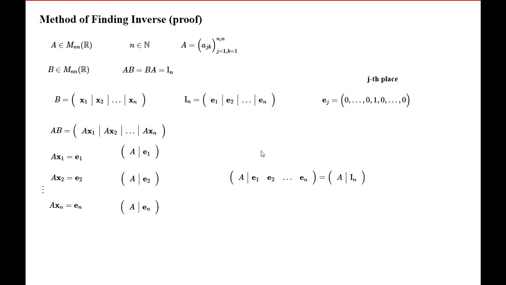And all of these columns, when you collect them on the right-hand side, will end up just the identity. This is the reason for that method of finding the inverse we know. Because what we effectively do in that method, we solve n systems simultaneously. And we can do so because all of those systems, even though they have different right-hand sides, have identical left-hand sides.